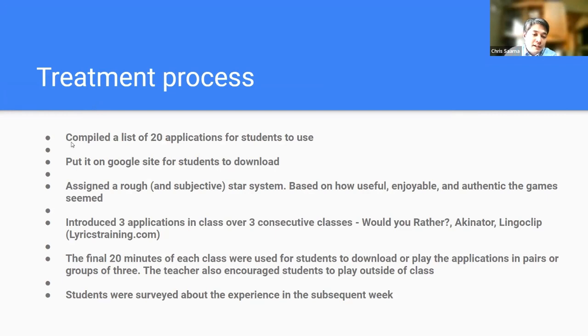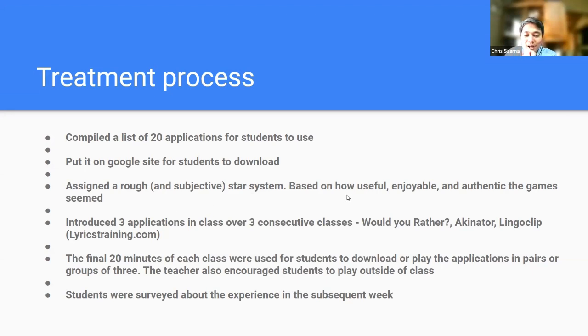So first of all, I compiled a list of 20 applications for students to use, and I put it on a Google site for students to download. And then I used a rough and subjective star system. So I chose these 20 games and I put them on the Google site, and then I put stars beside the games based on how good I thought they were.